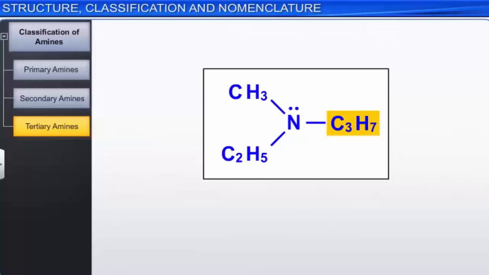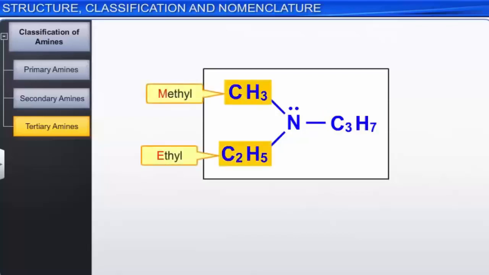The remaining two alkyl groups with the less number of carbon atoms are treated as side chains. Alphabetical order should be followed while naming the two alkyl groups. For example, this tertiary amine with three different alkyl groups is named N-ethyl-N-methylpropanamine.